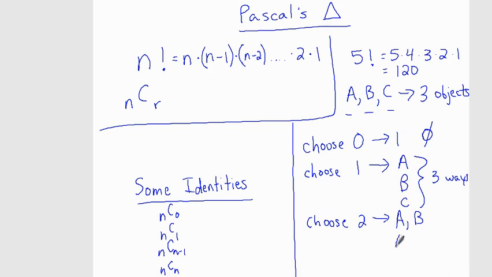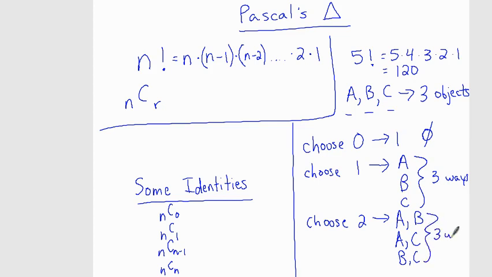Or I could choose A and C. Those are all the possibilities if I chose A. What if I didn't choose A? Well, then I have another one in B and C. Are there any other ways? Remember, order doesn't matter in this case. So if I choose A first and then B second, that would be the same as choosing B first and A second. Order doesn't matter. So these are the only 3 ways.